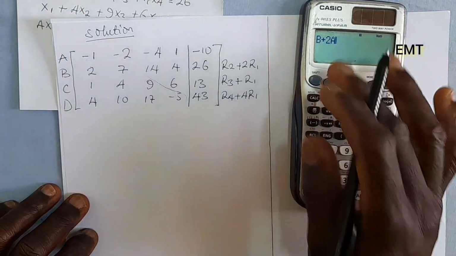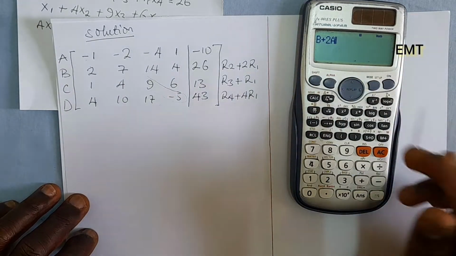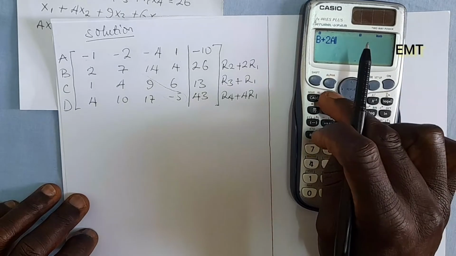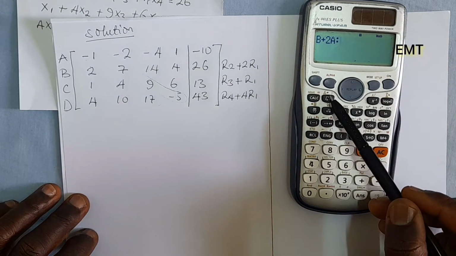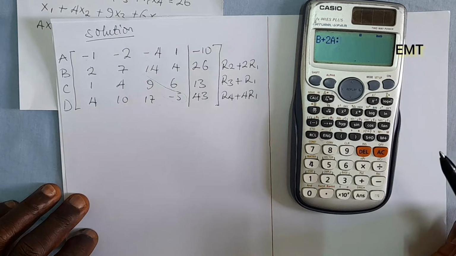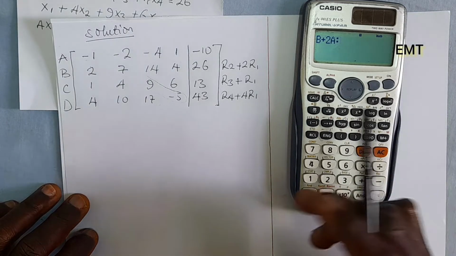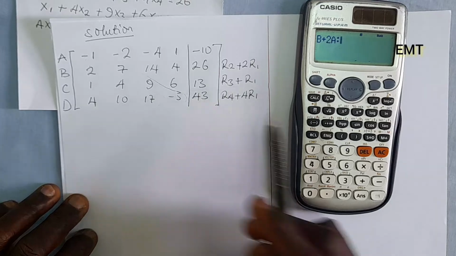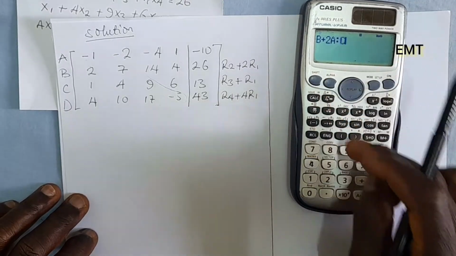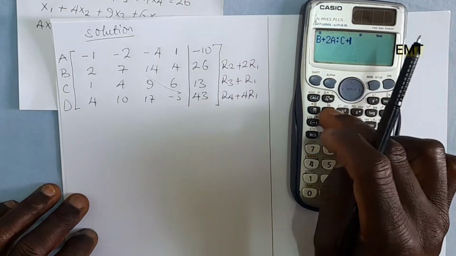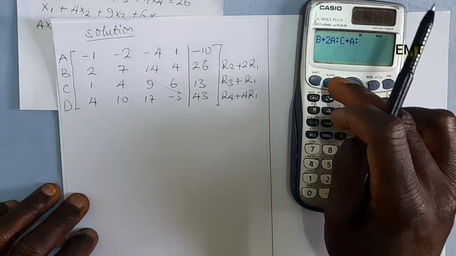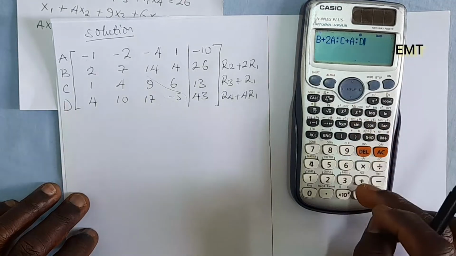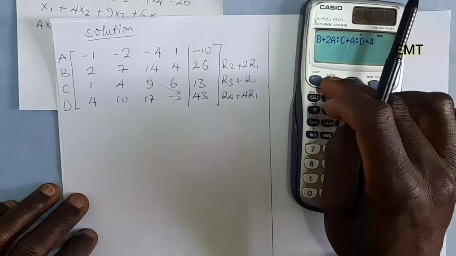So when you are done with that process, you have to separate it with a colon. We press alpha key and this key which contains the sign of integration. And we move to the next row, which is C plus A. We move to the next one, D plus 4A.